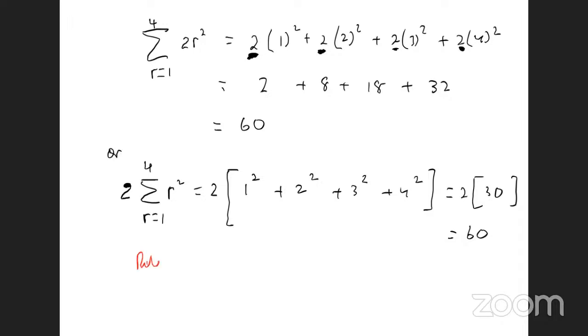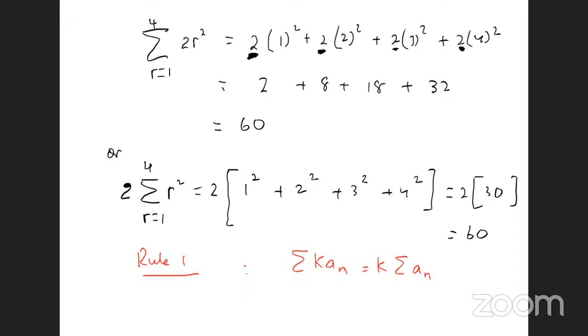Just like logs and indices, this has some rules, right? Rule 1 says this: if you have a summation of k, a constant, multiplied by any sequence, what we could do is pull the k on the outside.